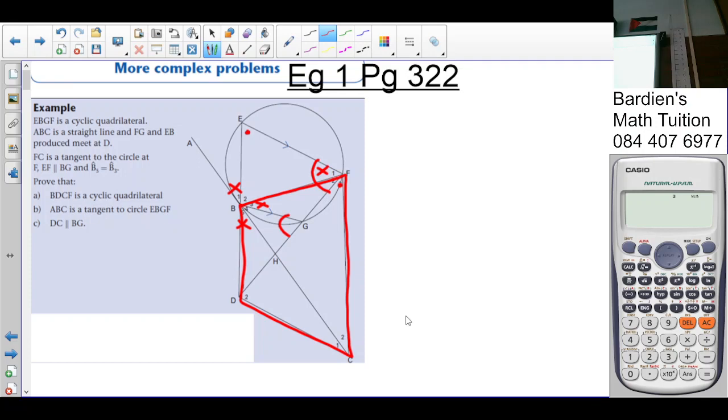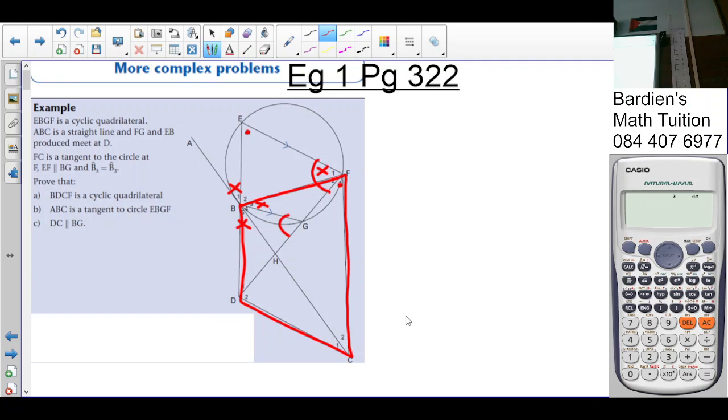Or opposite angles are supplementary. Or equal angles subtended by the same chord. B, D, C, F cyclic quad.